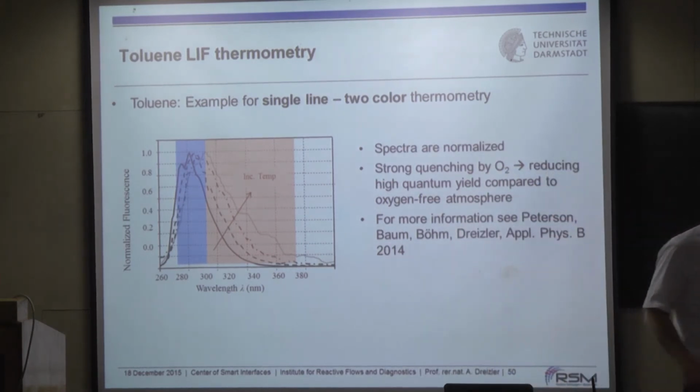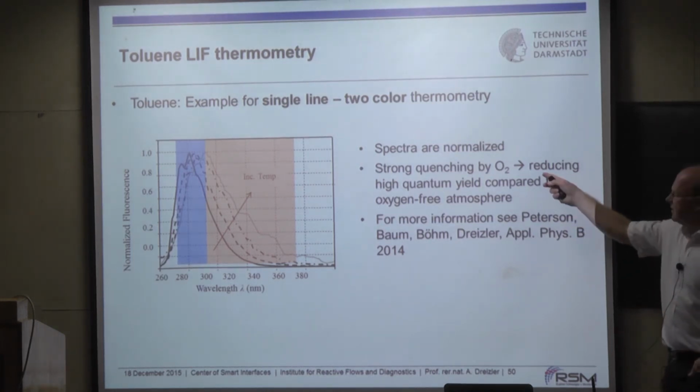So the spectrum is shifting with temperature to higher wavelengths. However, be careful, the spectra are normalized. And that means what I hide here is the fact that for higher temperatures, your signal decreases enormously. And that means your signal to noise for the higher temperatures is much worse than for the lower temperatures.